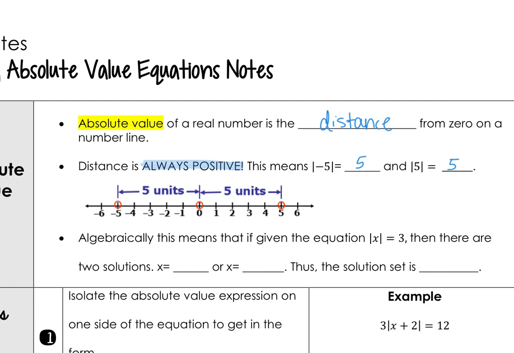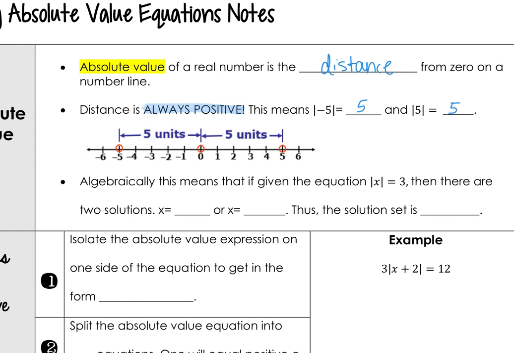So from an algebra standpoint, when we're talking about solving equations, if I gave you an equation that says the absolute value of x is equal to 3, what this means is there are actually two solutions, because there are two different numbers we could plug in here that are 3 units away from 0.